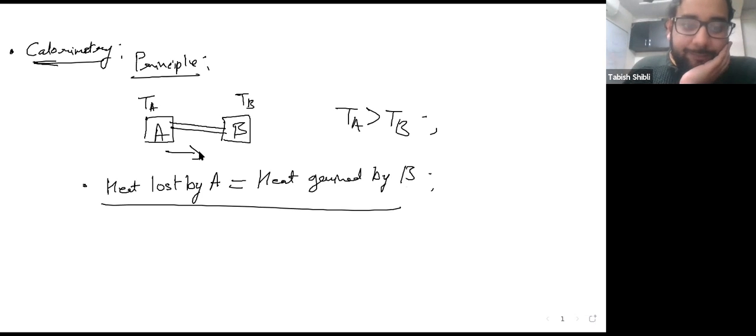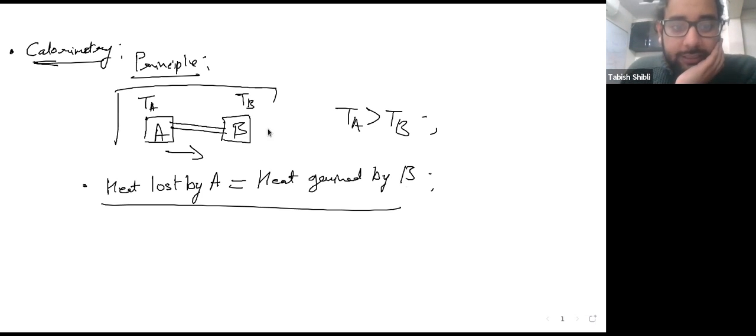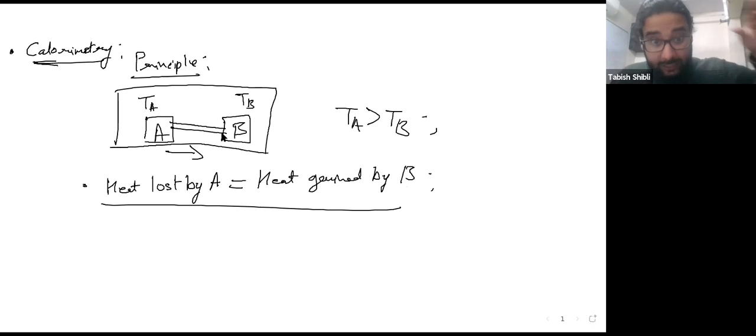In the sense that what we are assuming is that ये बंद है और हीट सराउंडिंग्स में नहीं जा रही है. So to use this principle, we need to make an apparatus which is completely isolated from the surroundings, और वहां पे heat change देखोगे और वहां से तुम heat calculate कर सकते हो. But the principle behind it is that the heat lost by A is the heat gained by B.